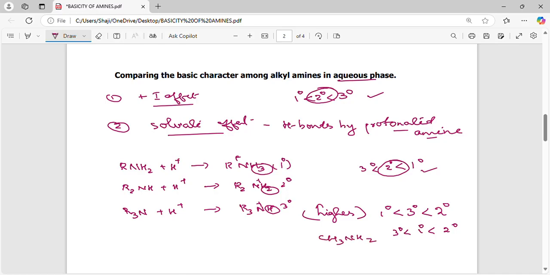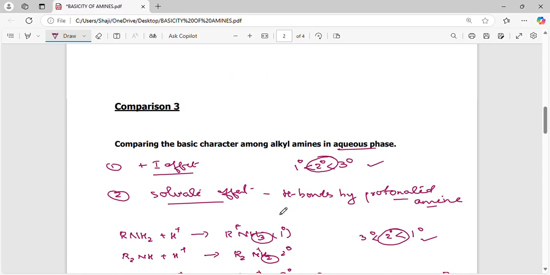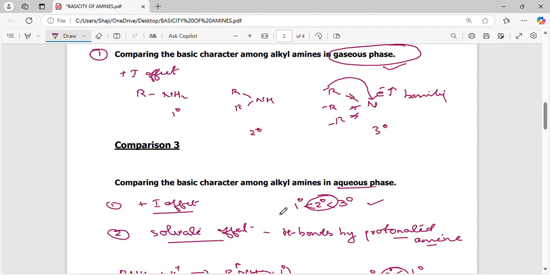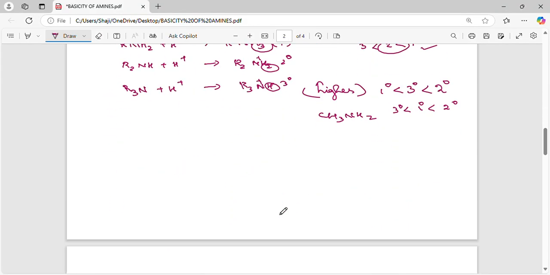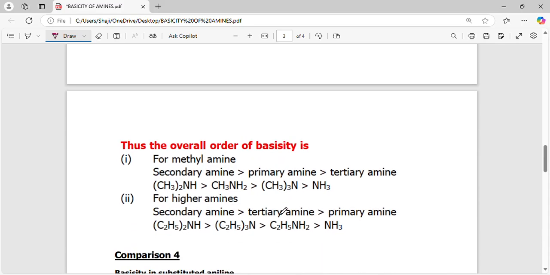So in board exams and all, when you get a question to compare the basic character between different amines, if the phase is not mentioned, always write the order according to the aqueous phase. But if it is gaseous phase, the phase will be mentioned in the question. And if it is aqueous phase, you check the type of amine.